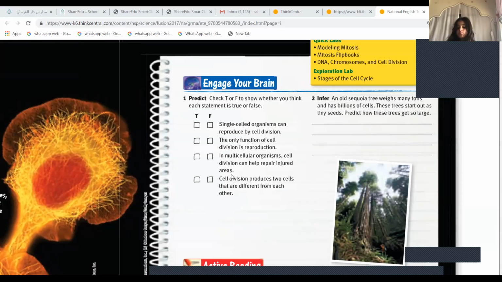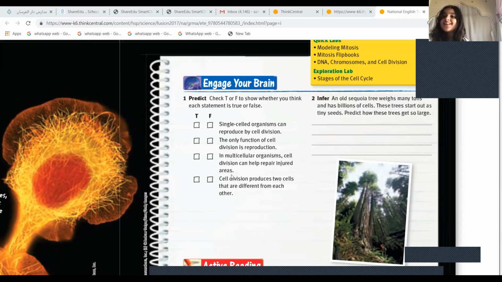If you have an injury, maybe you cut your hand accidentally with a knife, do you think that cell division will help you there? Yes or no? Yes, it will help. The answer is true. The second one is false, right? Yes, it is false. Third one is true.